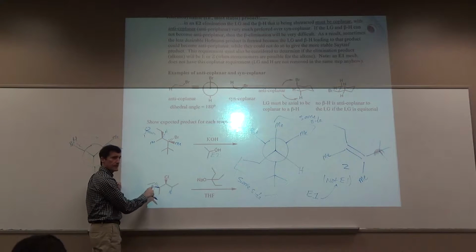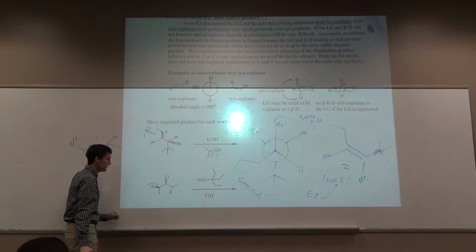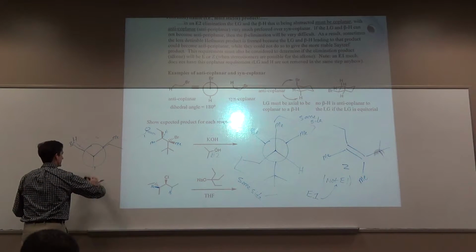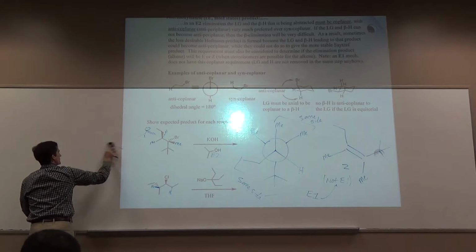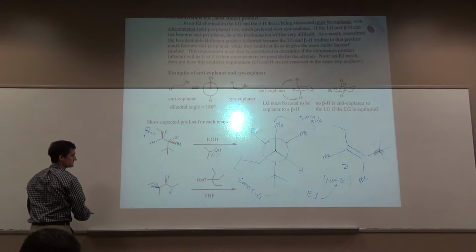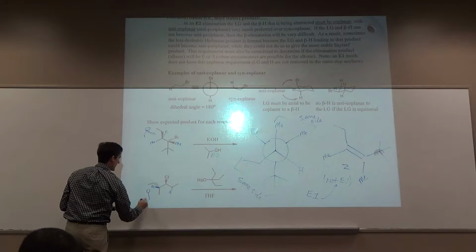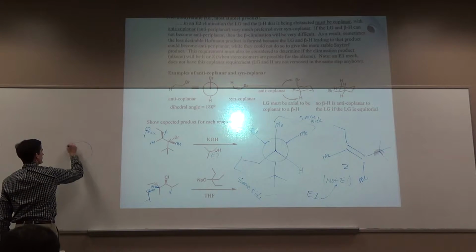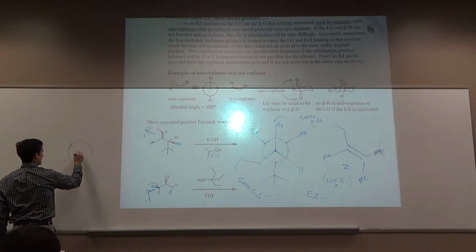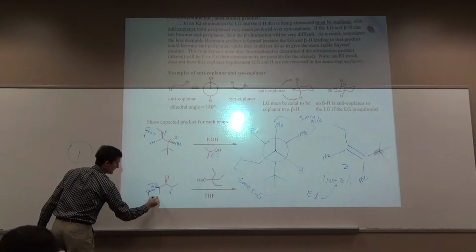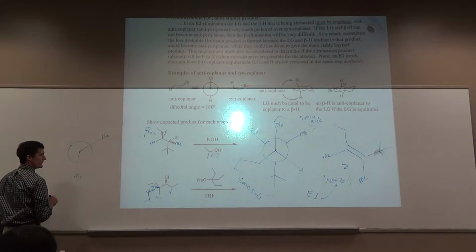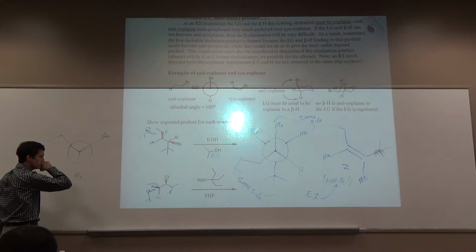The H and the chlorine need to be what when the elimination takes place? Anticoplanar. Best way to see that is a Newman projection. We'll look through there. I see a methyl coming straight down. There's the methyl. I see an H, HA going that way, and an ethyl going that way.